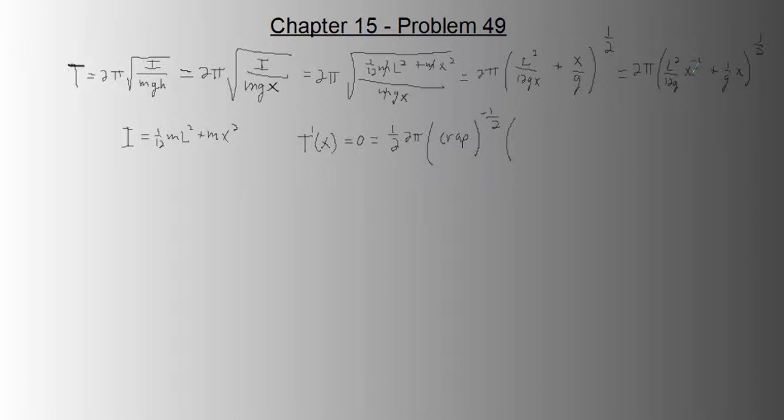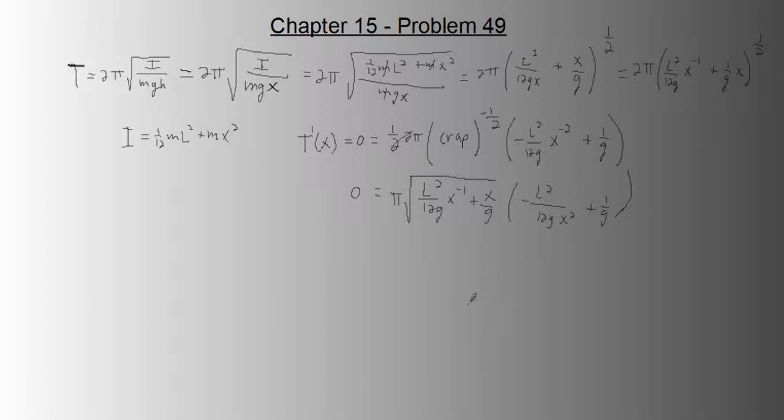The derivative of this is negative L squared over 12g x to the negative 2 plus 1 over g. Distribute, those cancel, and it equals pi square root of L squared over 12g x to the negative 1 plus x over g, times negative L squared over 12gx squared plus 1 over g, equals 0.